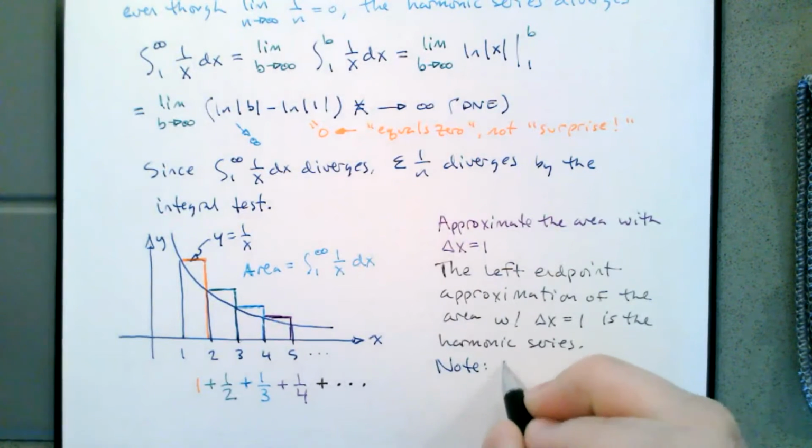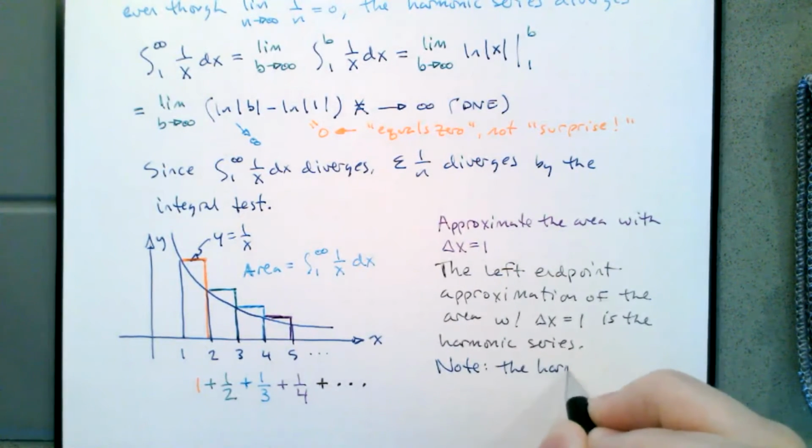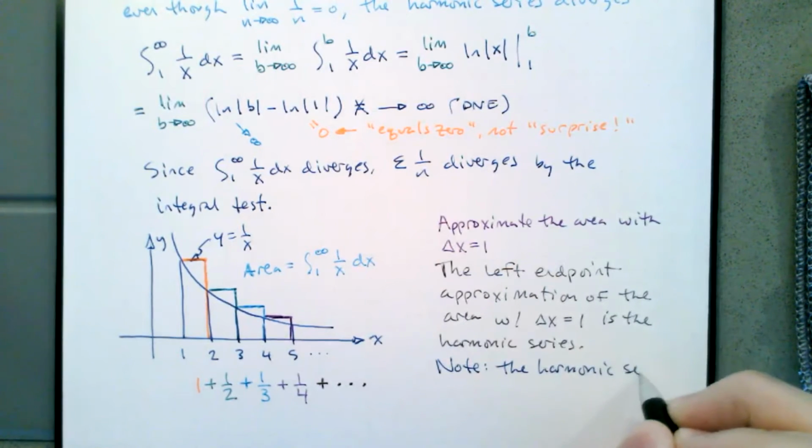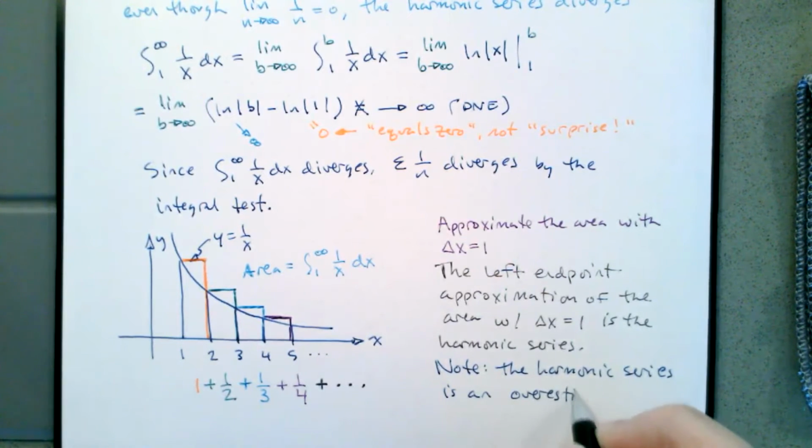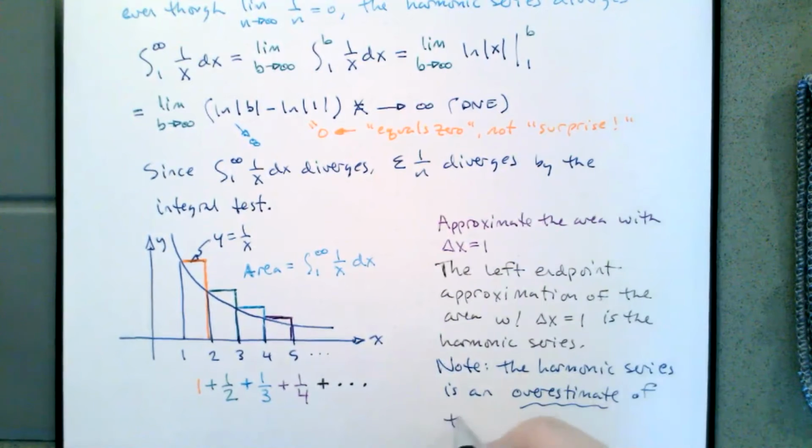So notice the harmonic series is an overestimate of the area.